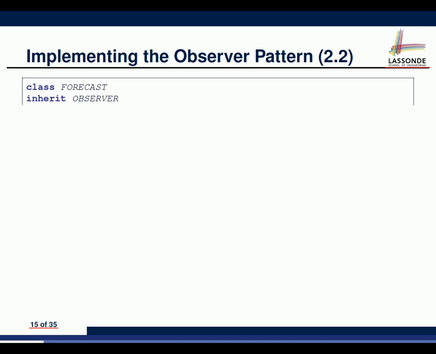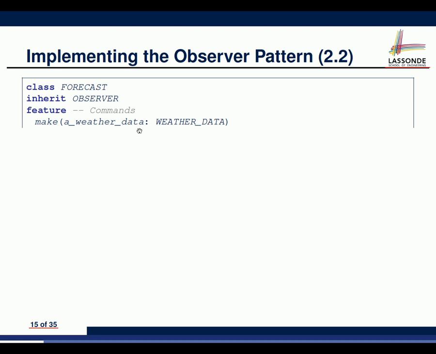If you look at that, it's going to inherit from observer. Okay, and then we're also going to create a new observer here. So now a question for you. When we want to make a new instance for the forecast, what should we do over here? What we did in the first design was like this.